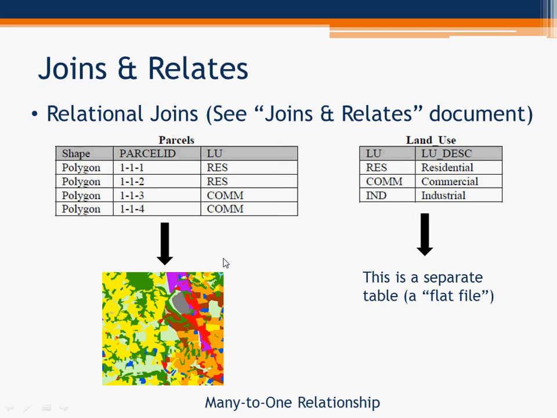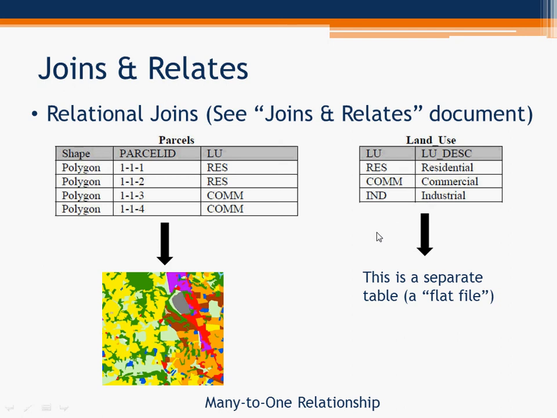But to the casual user, maybe that LU code is not very easily determined just by the letters RES or COMM. So we might have a lookup table over here that again does not have any spatial attributes or spatial context. It's just a table that tells us that RES means residential, COM means commercial, IND means industrial.